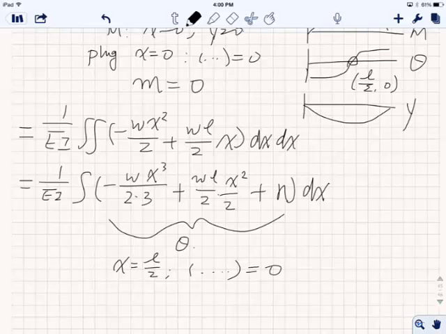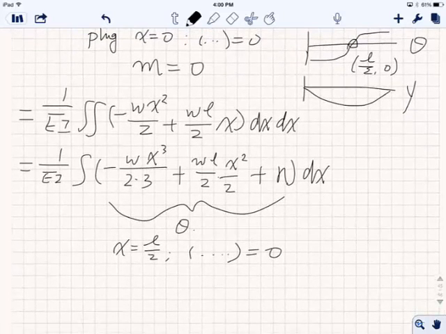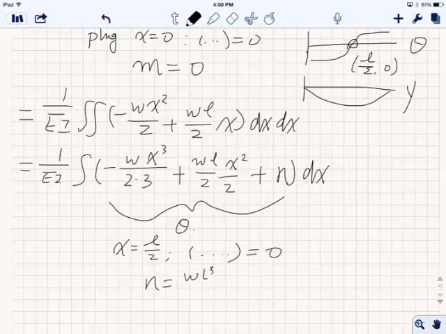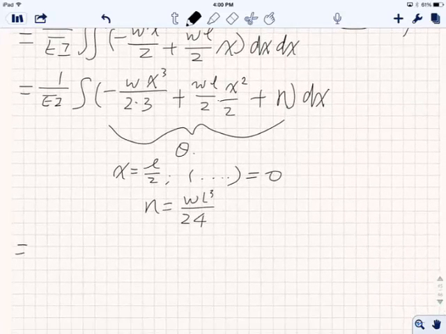Now, let's see here. You can do the calculation. I did that. Unfortunately, n is not 0. So, yeah, it left a mess for us. WL cubed divided by 24. All right.